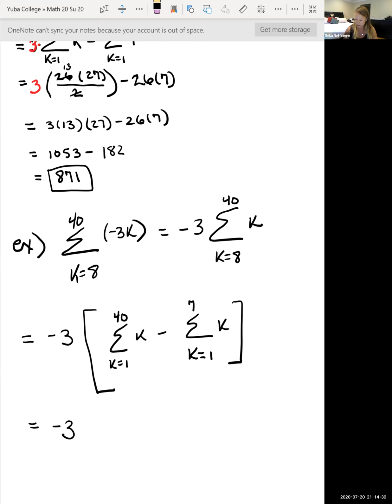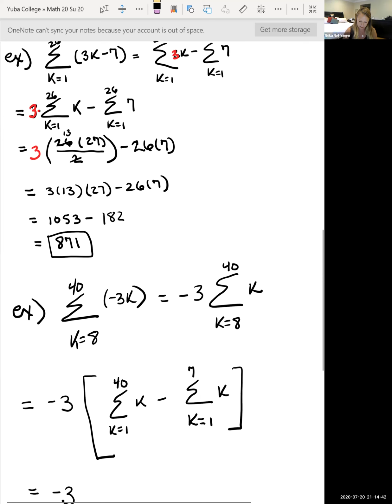Okay, so using our formula, let me pull it down here.